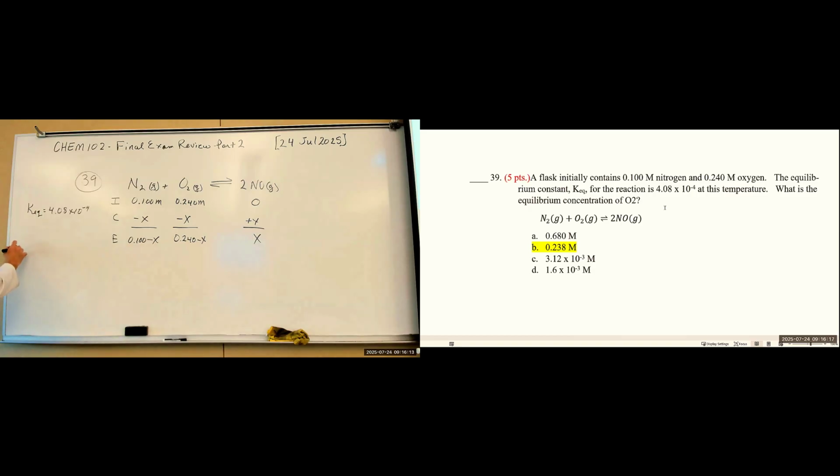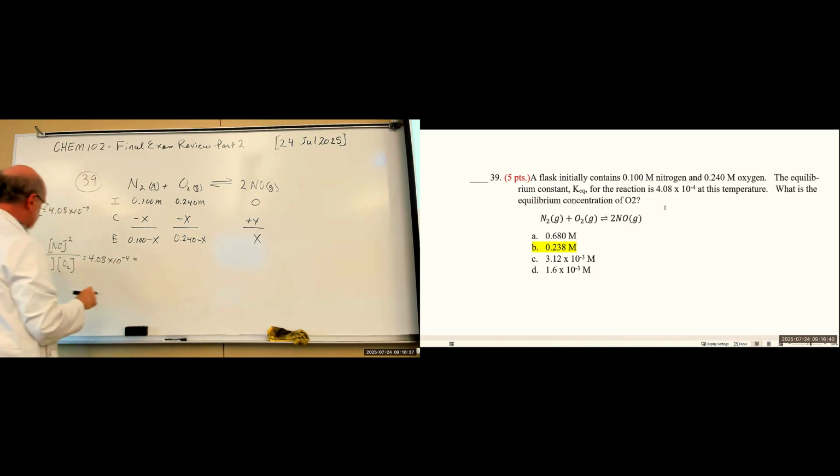All right. So for KEQ, the expression then is NO squared over N2 to the first power times O2 to the first power. And that's equal to 4.08 times 10 to the minus 4.